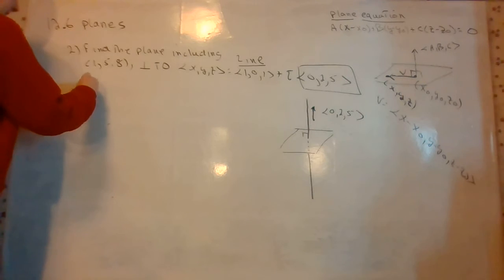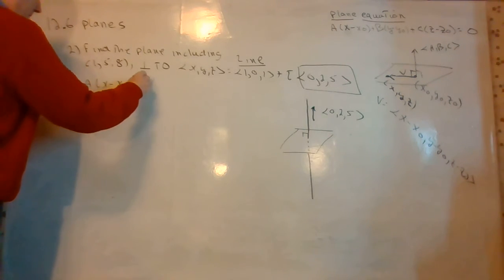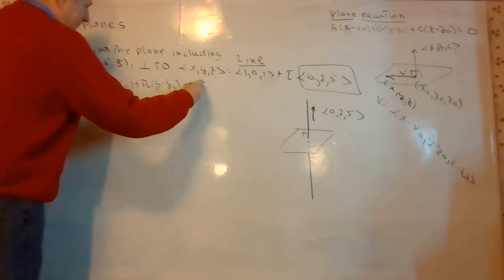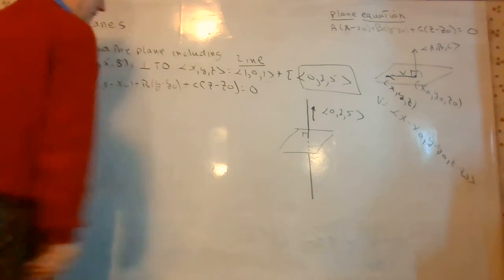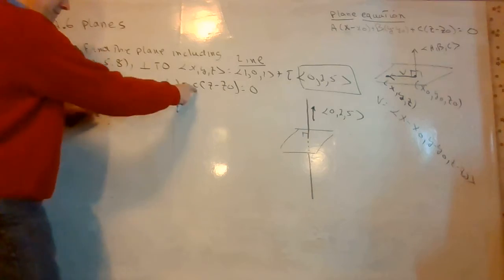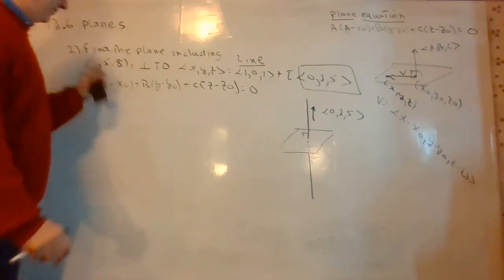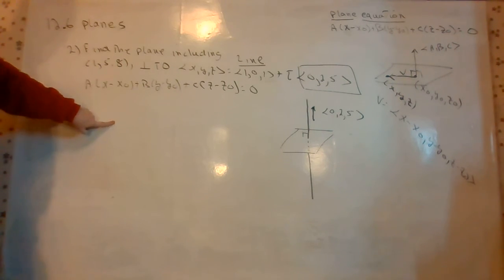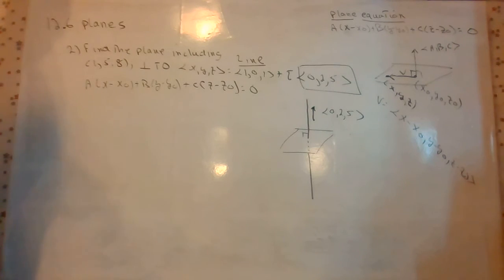We have a times x minus x0 plus b times y minus y0, and so we really need to identify a, b, c, the vector, and x0, y0, z0. You can call it x naught if you want. N-A-U-G-H-T, naught or 0, doesn't matter. Now it's more letters, fewer syllables. Take your pick.